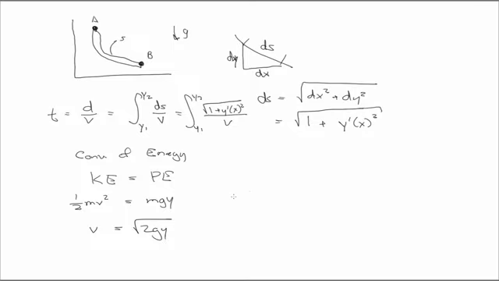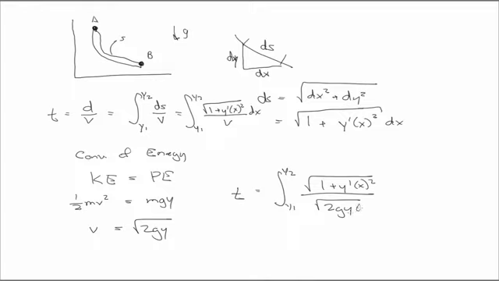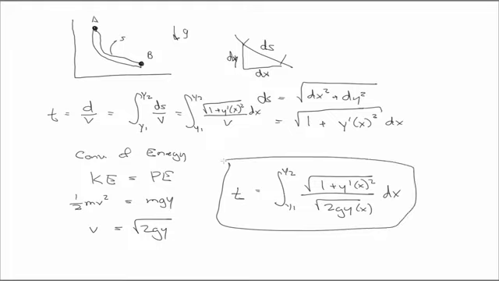So then if we plug that in back up there, we have finally that the time is the integral from y1 to y2 of the square root of 1 plus y prime squared over 2gy, dx. There should be a dx out here. All right. So this is our model equation, and we want t to be a minimum.